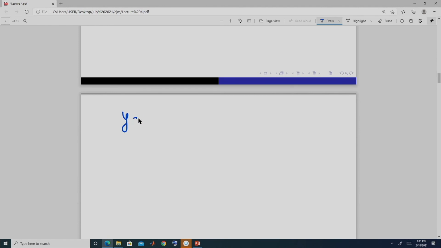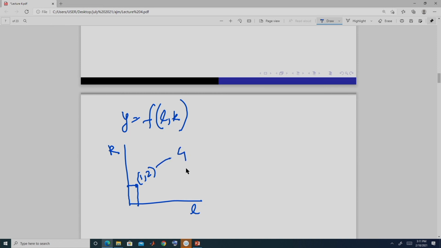So, our production function is now something like this. In this axis we plot labor, in this axis we plot capital, and suppose 1 unit of labor and 2 units of capital give me 4 units of output. So, this point, (1, 2), gives me 4 units of output.